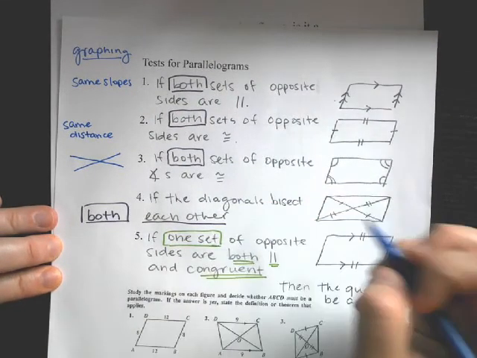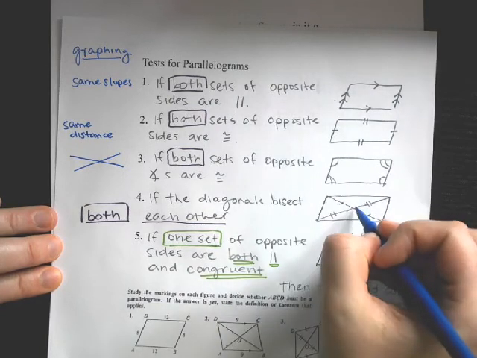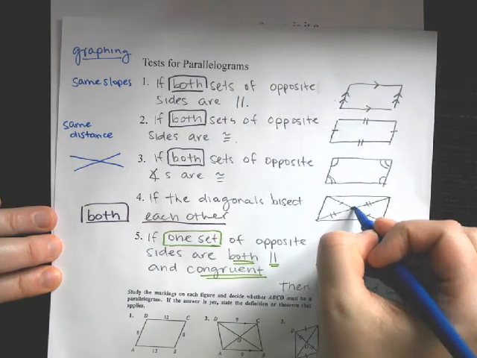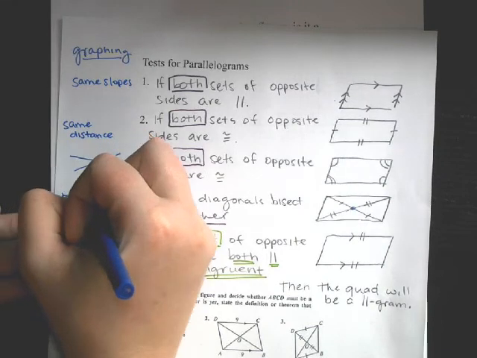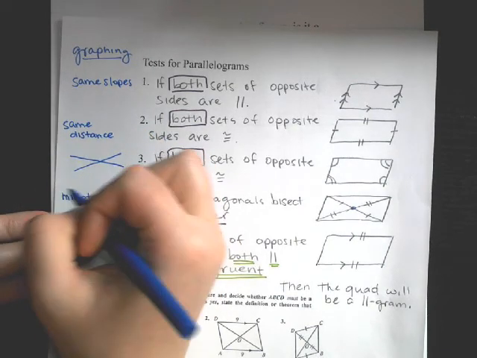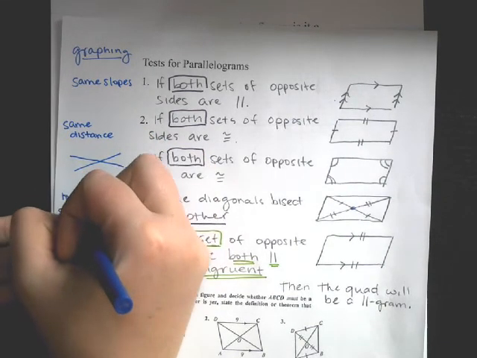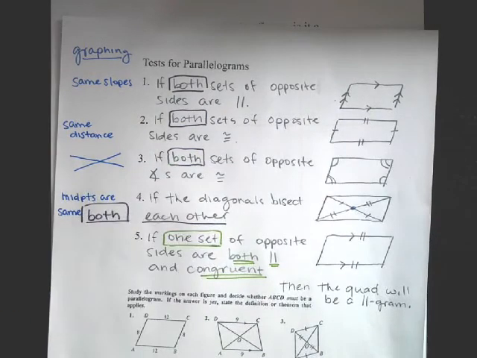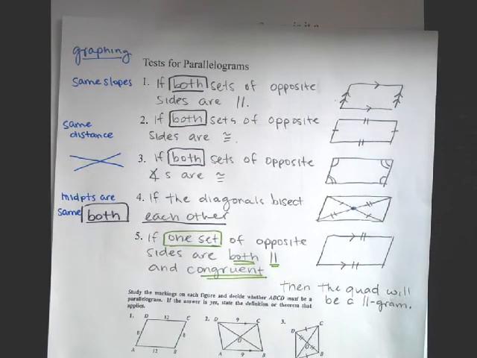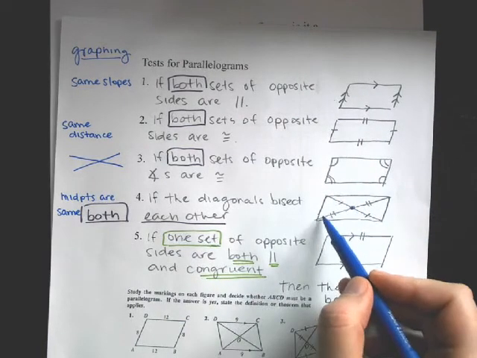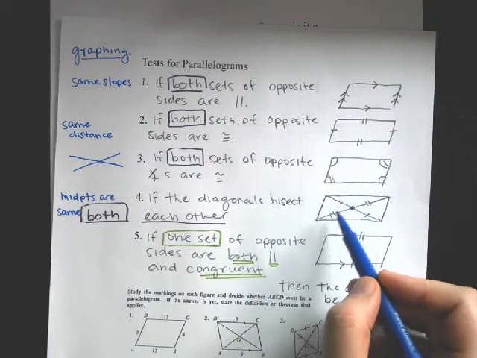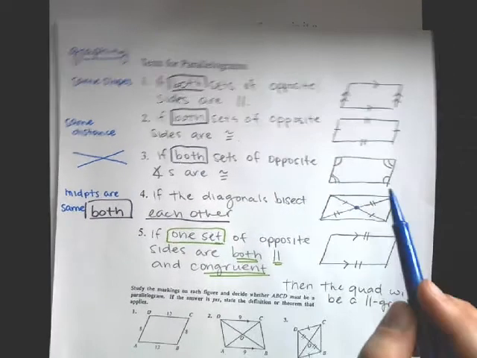Then the next one is the diagonals bisect each other. If the diagonals bisect each other, they always meet together at this one point, which is going to be our midpoints. So midpoints are the same. So that would actually end up being only 2 midpoints that we would end up finding.